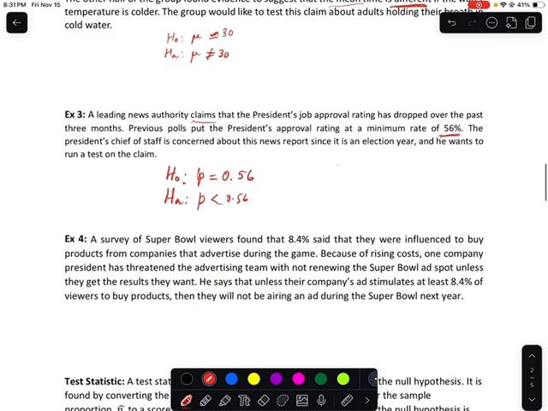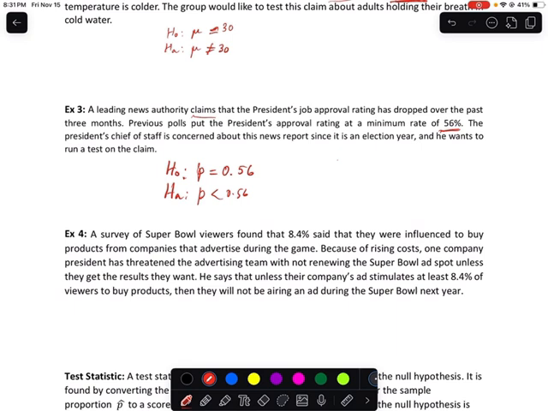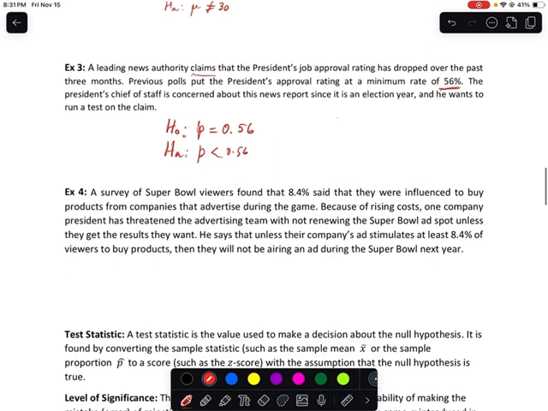The next one. A survey of Super Bowl viewers found that 8.4% said that they were influenced to buy products from companies that advertise during the game. Again, percentage, so it's about p. So what is the H naught? H naught is that p is equal to 0.084, 8.4%.